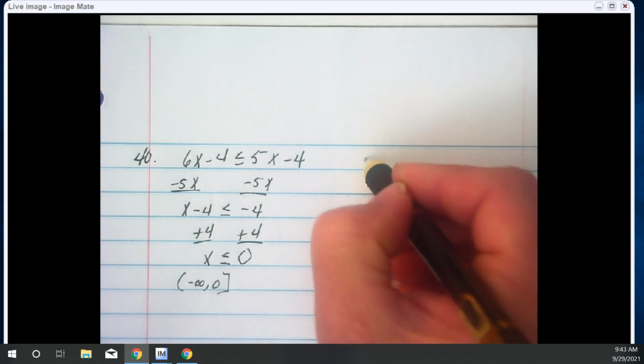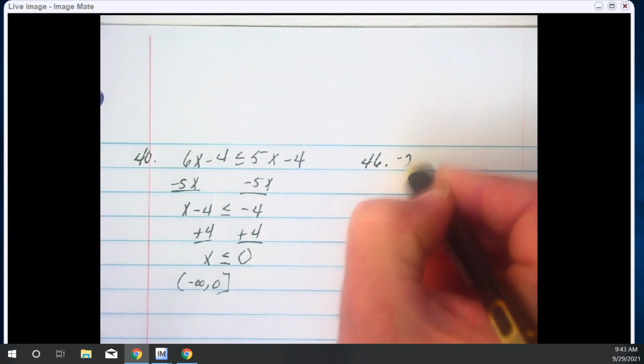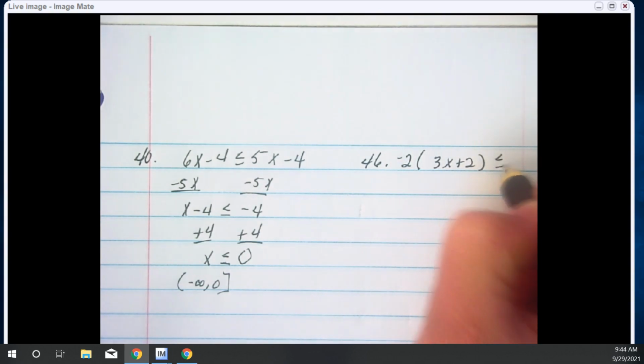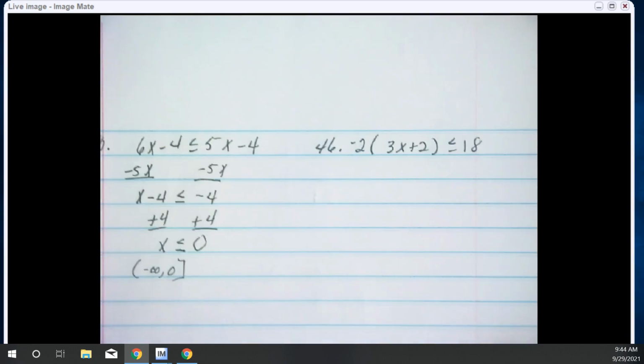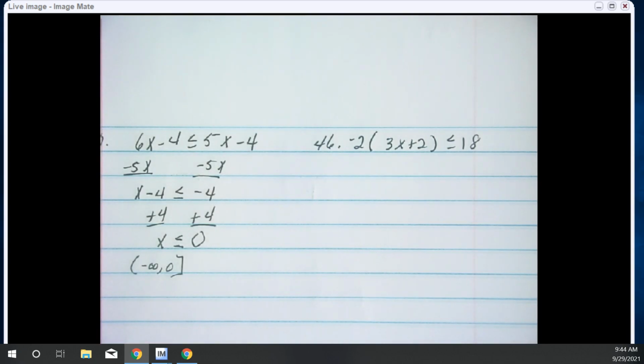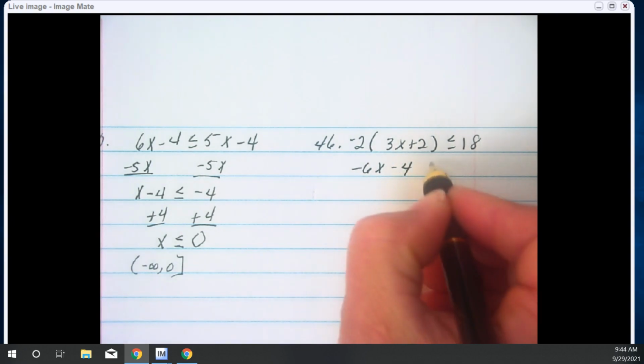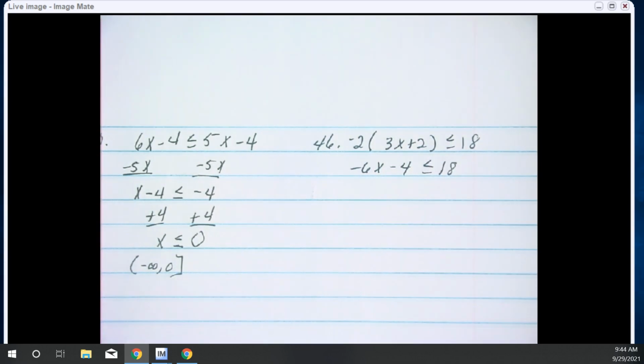And then we have a problem like 46, where we have -2, parenthesis, 3x plus 2. How do I work this problem? You can distribute. You can also divide by the -2. So there's two ways that you could go about doing it. -6x minus 4 is less than or equal to 18.